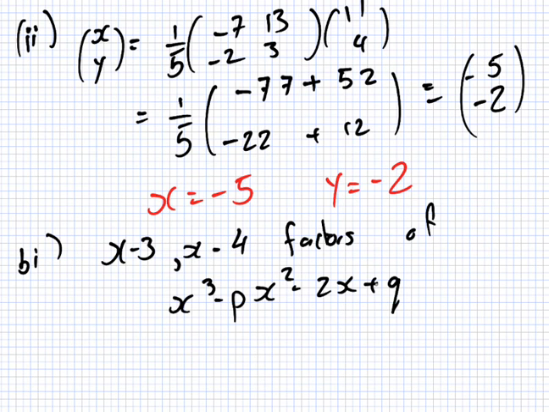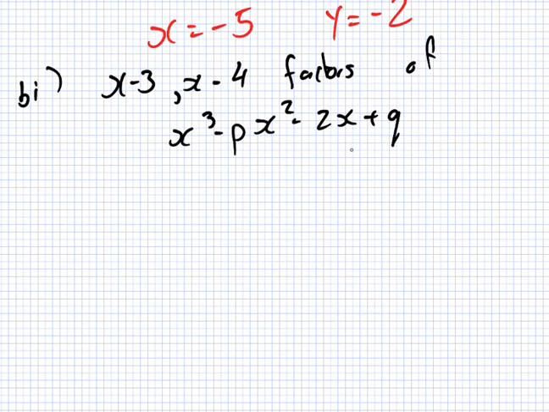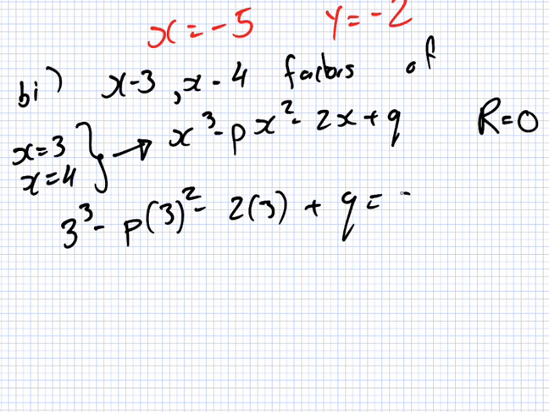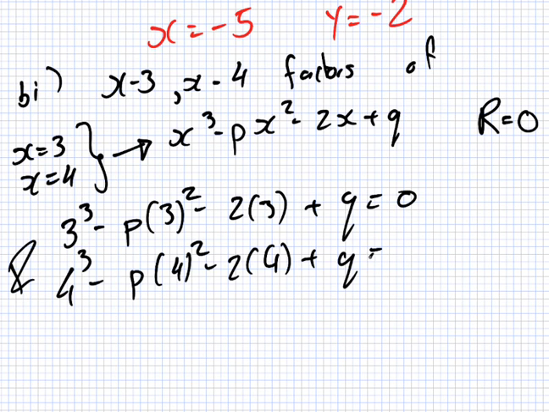So if they're factors, we know that the remainder is 0, and from the remainder theorem, if we put x equals 3 and x equals 4 into this, you should get out 0, because there's no remainder. So that means 3 cubed minus p times 3 squared minus 2 times 3 plus q should equal 0, and 4 cubed minus p times 4 squared minus 2 times 4 plus q should equal 0.